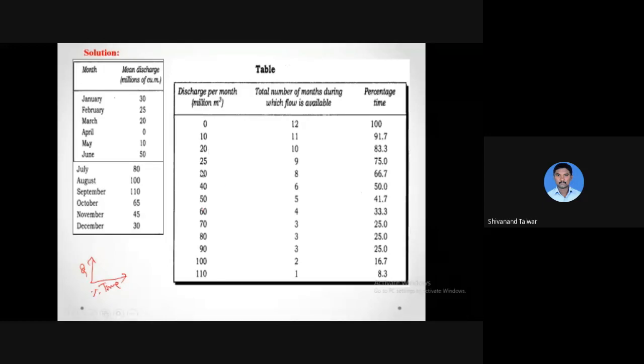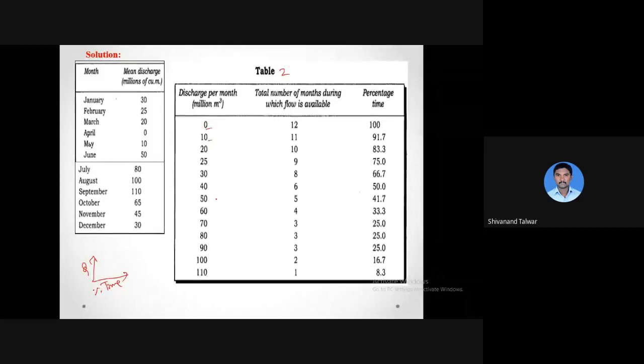How will we find that? Again we have to form a table, which we call table 2. For discharge we take values from lower to higher. Lower is 0, which is for April. I am not writing the months here.